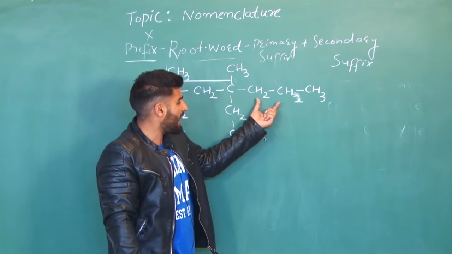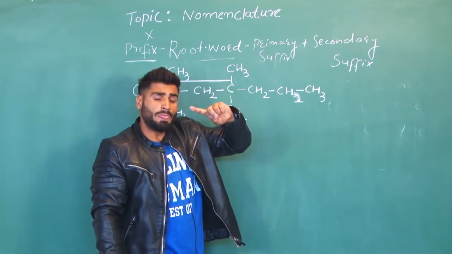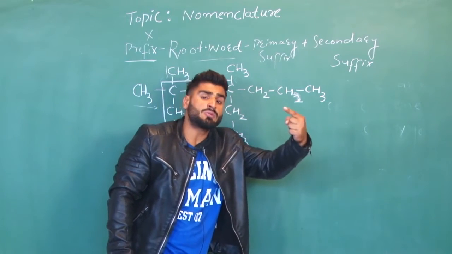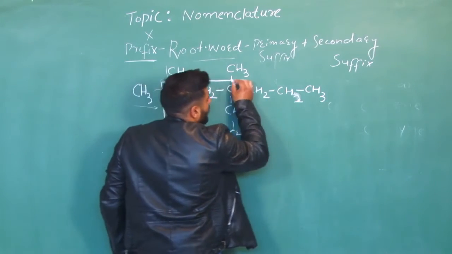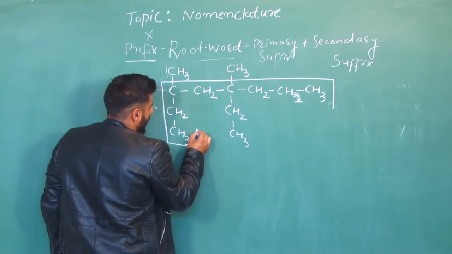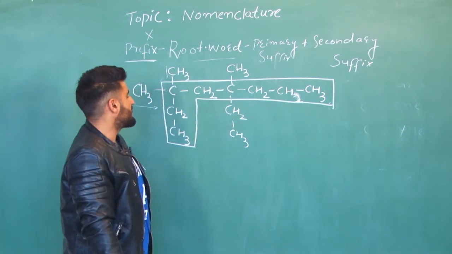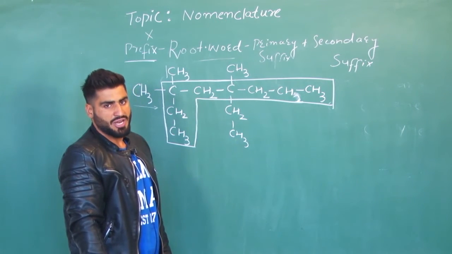For the other, I have the chain of 3 carbon atoms. According to the rule, I have to go for the longest possible chain. So I will be going in this direction. So this will be our longest possible carbon chain.